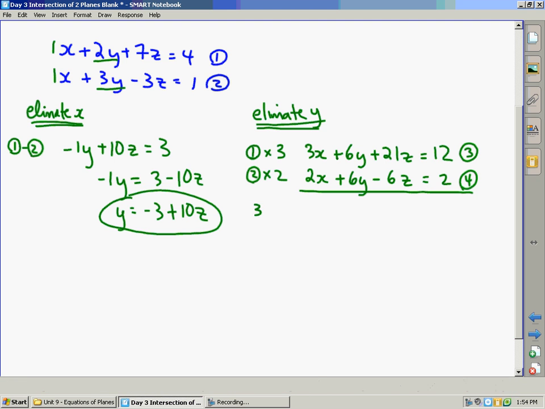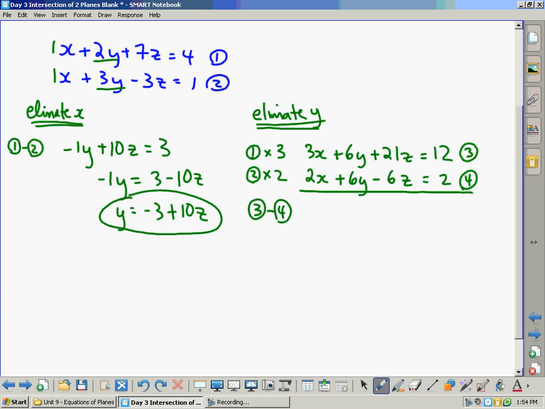equations, 3 minus 4. And you'll notice, of course, that 6 minus 6 is going to disappear, and I will have eliminated y. But 3x minus 2x is 1x. 21z minus minus 6, that sounds like plus, so it'll be plus 27z. And 12 minus 2 is 10.